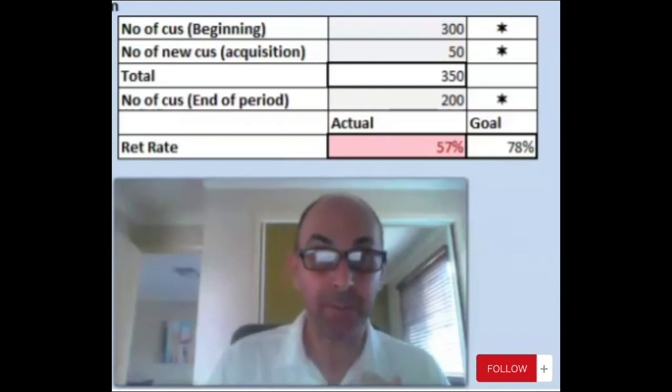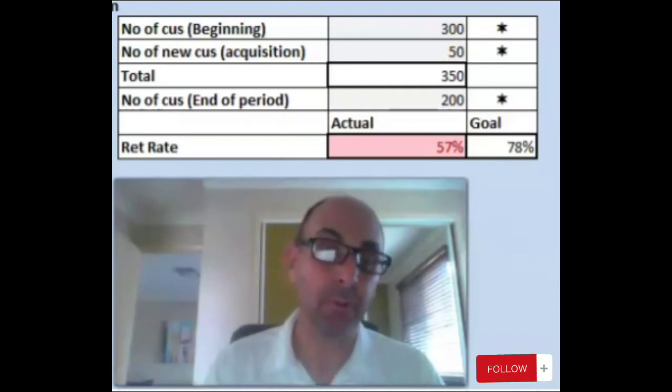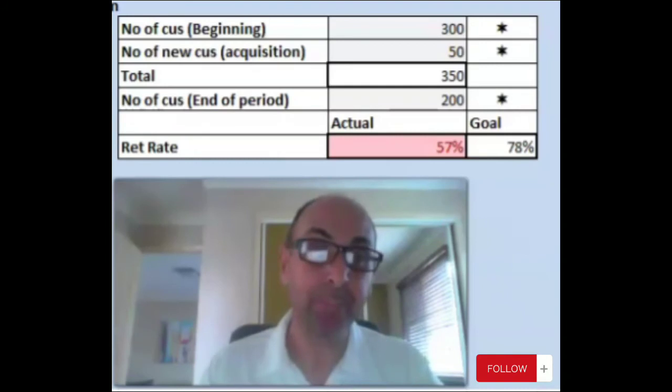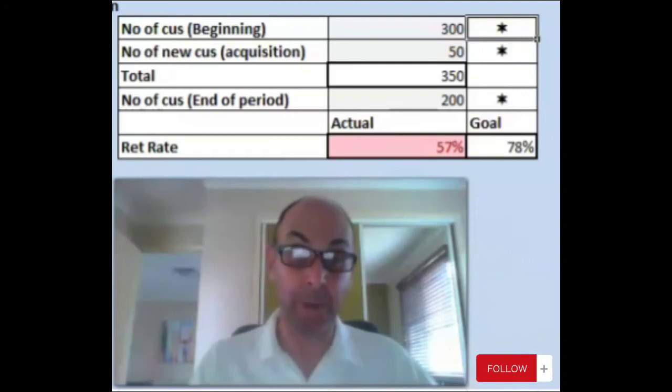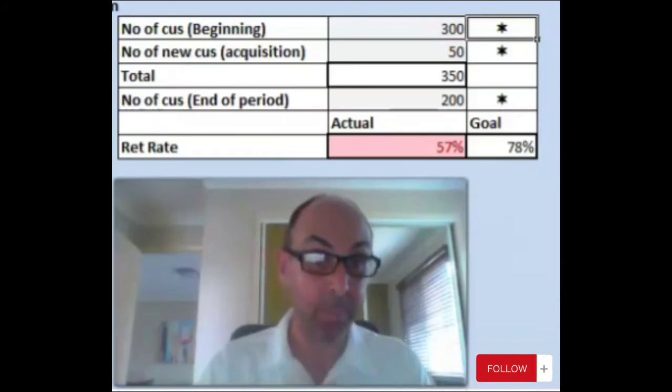So now we have to start asking some questions around why that's actually happening. The first thing we want to do is go back to the beginning. We want to benchmark that against the previous year to find out what we started with at the start of the previous year's experiment. What did we start with? Just to see what the disparity is there.